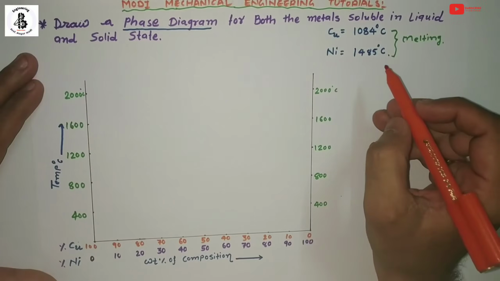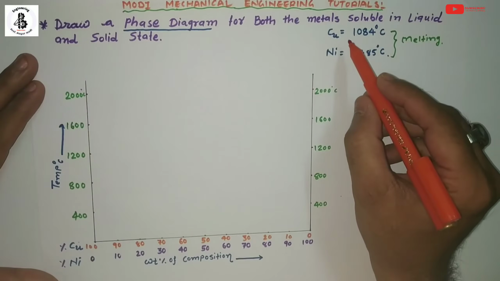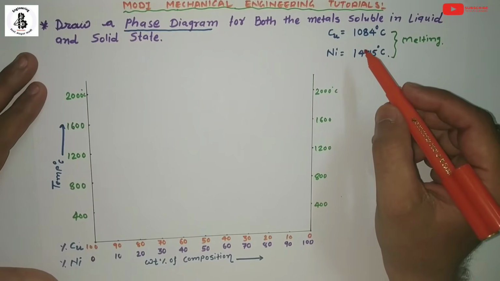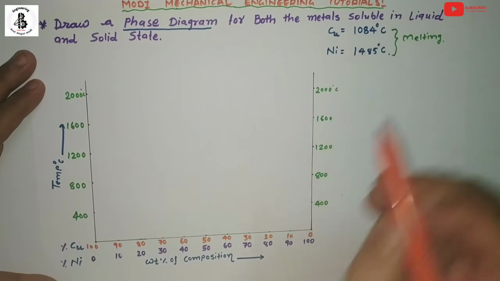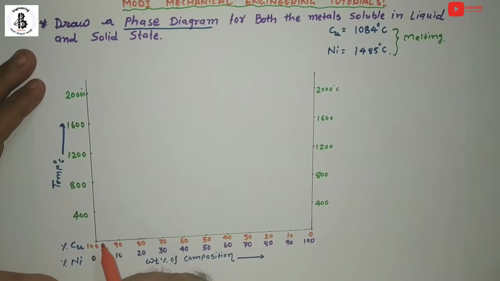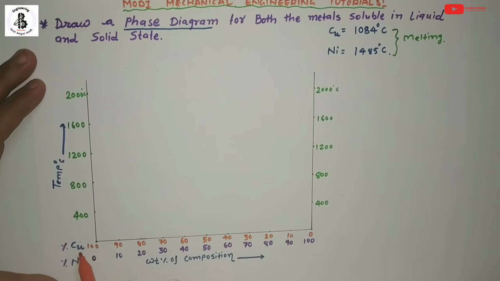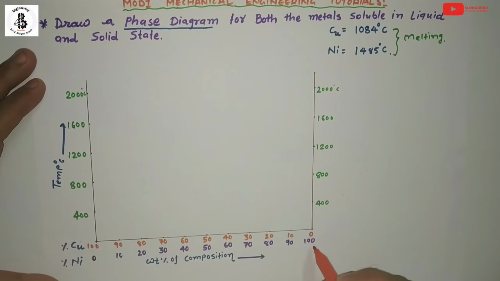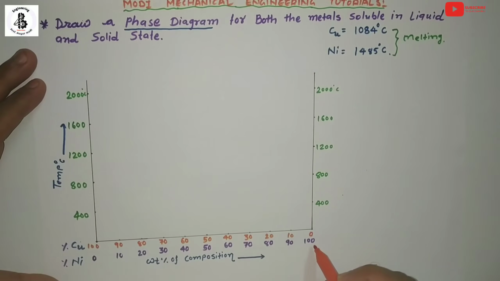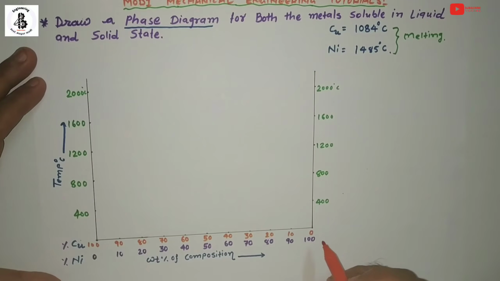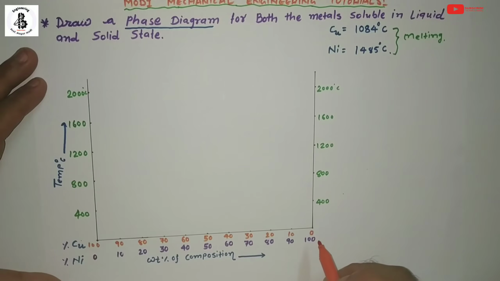Now according to the given melting points for copper and nickel, you can take that temperature range. I would like to talk about this point: that is 100% copper, and on the other side is 100% nickel. 100% copper or 100% nickel acts as a pure metal.